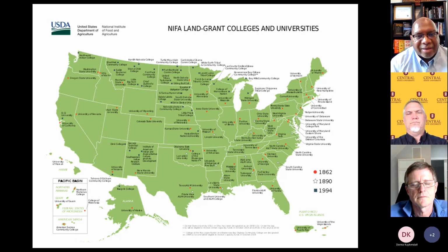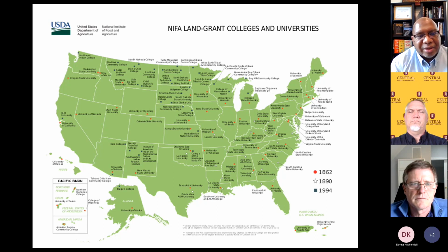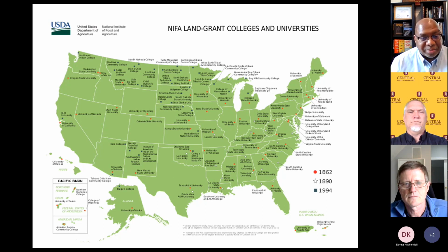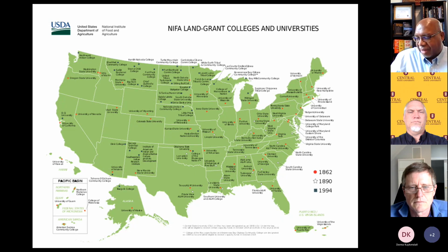Each of the states has at least one land grant, which would be the 1862, but they form a network of extension services across the country. While they have their local basis in terms of their operations, by being linked to the others, it creates a web of knowledge and information that can be transferred from one state to another to provide assistance on an issue that may have arisen for the residents there.